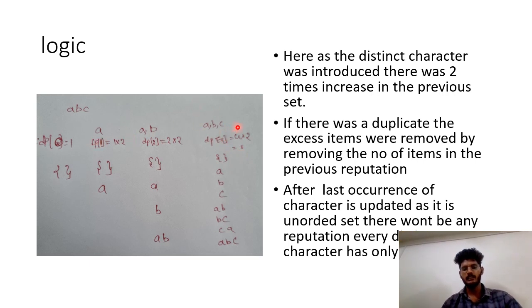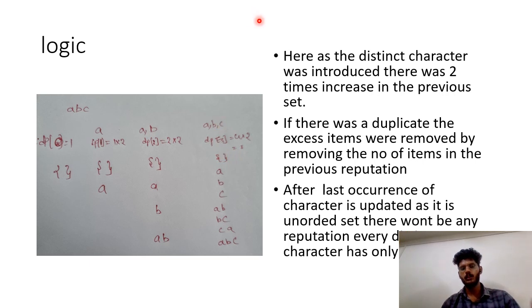For example, if there is another A, then it will point to this A. If the next A is at the fourth position, it refers to dp of fourth rather than dp of one. After the iteration, we update the location.